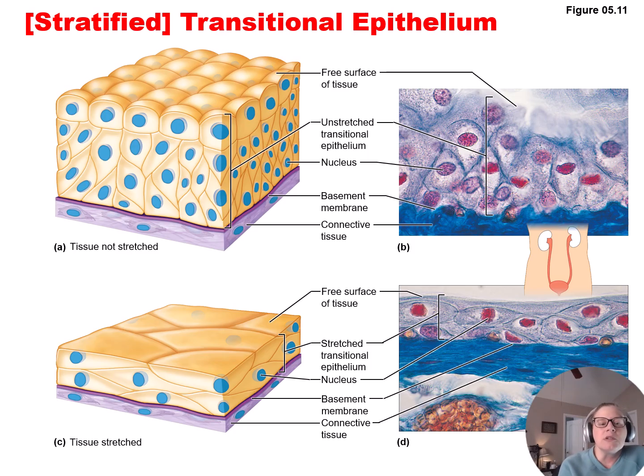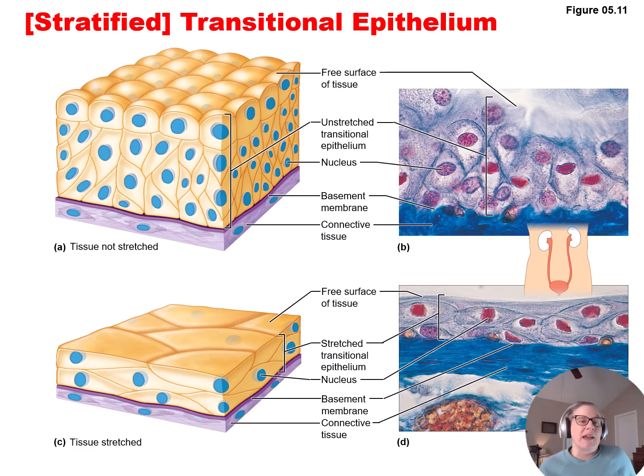If the tissue is not stretched out, the cells along the basal layer have more of a cuboidal or a columnar shape. And the cells on the apical layer, even though they look very cuboidal here, can really vary in appearance. However, when these cells are stretched out, they take on more of a squamous, flattened out shape.